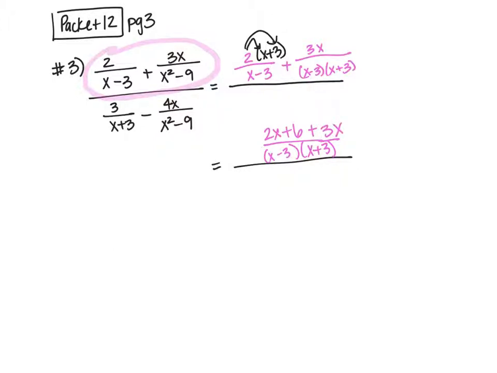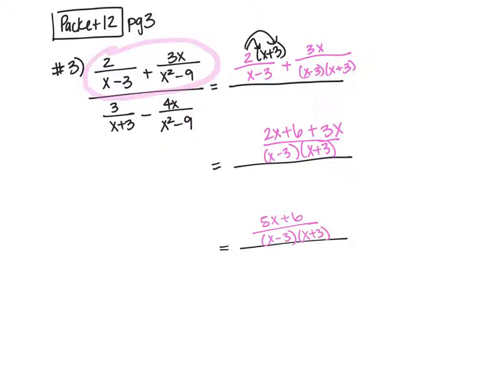When I look at it again, I'm still not done. I can combine the 2x with the 3x. So if I combine 2x with 3x, I get 5x plus 6 over (x minus 3)(x plus 3).